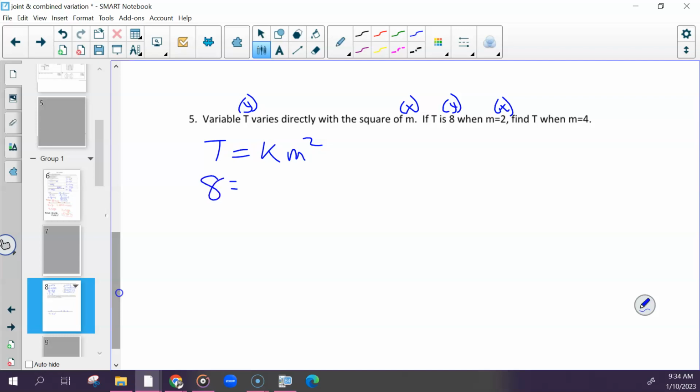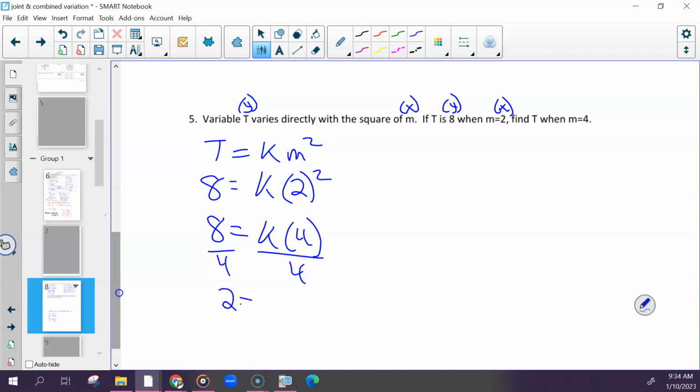So t is 8, we don't know k, and we know m is 2 squared. We're still going to end up dividing, but we need to square it before we divide. So we square it and then divide both sides by 4. So that 2 equals k.